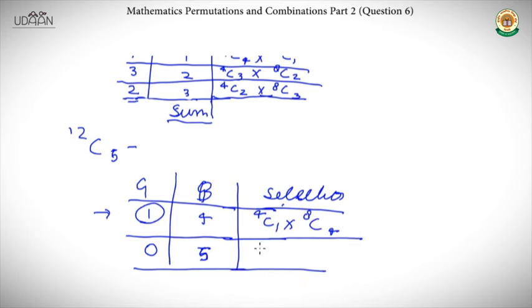So we are just subtracting the cases which we do not need, that is, the cases with less than 2 girls, from the total number of cases. So the final answer will be 12C5 minus 4C1 into 8C4 minus 4C0 into 8C5.